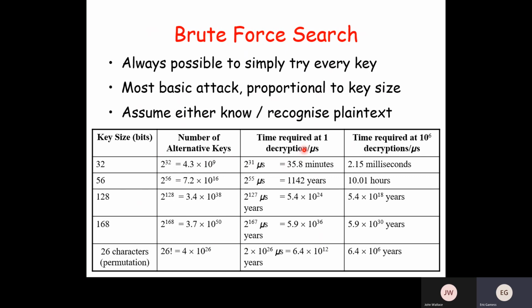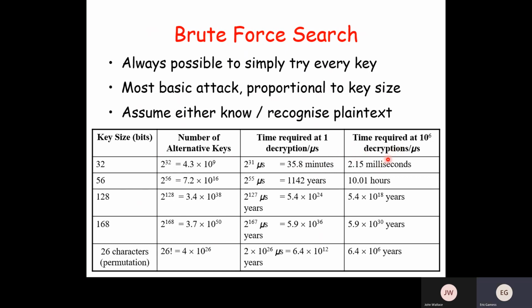Let's say that I have a computer that is not very powerful, and the computer can try 1 key per microsecond. In this computer, if you use this key, it will take 35.8 minutes to break the ciphertext. Now, let's say that the government has a much more powerful computer, of course, than mine.